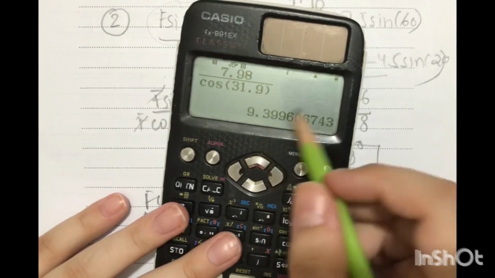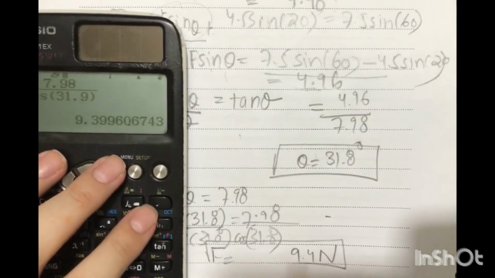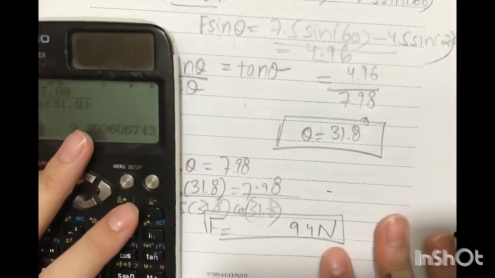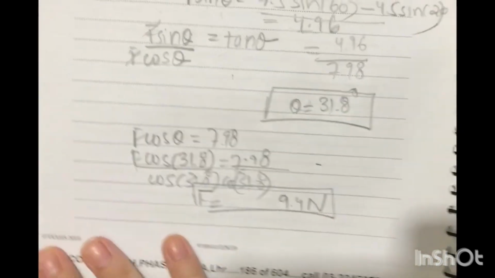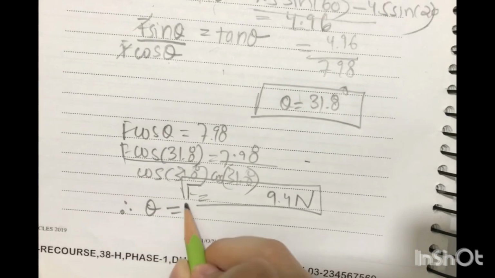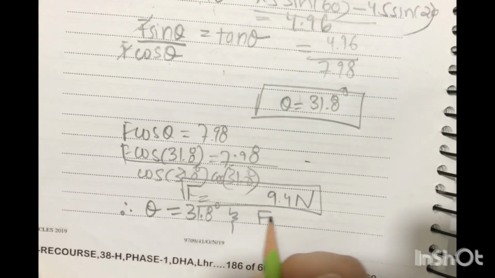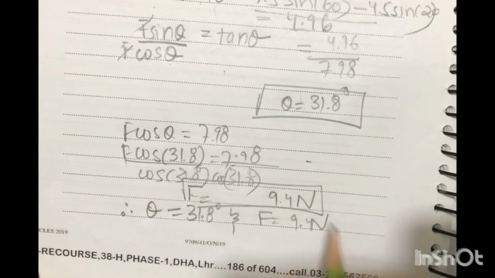So we can write it as 9.4 newtons. Then we can write and present our answers in the end. So theta is equal to 31.8 degrees and F is equal to 9.4 newtons.